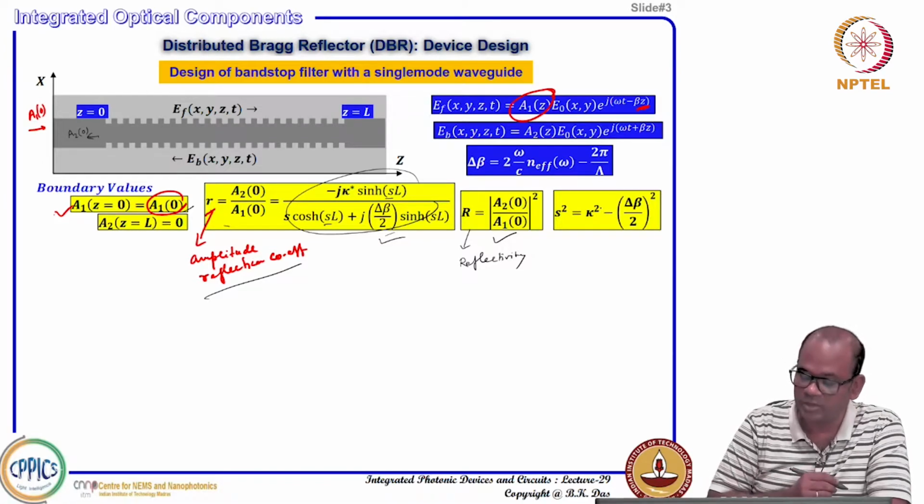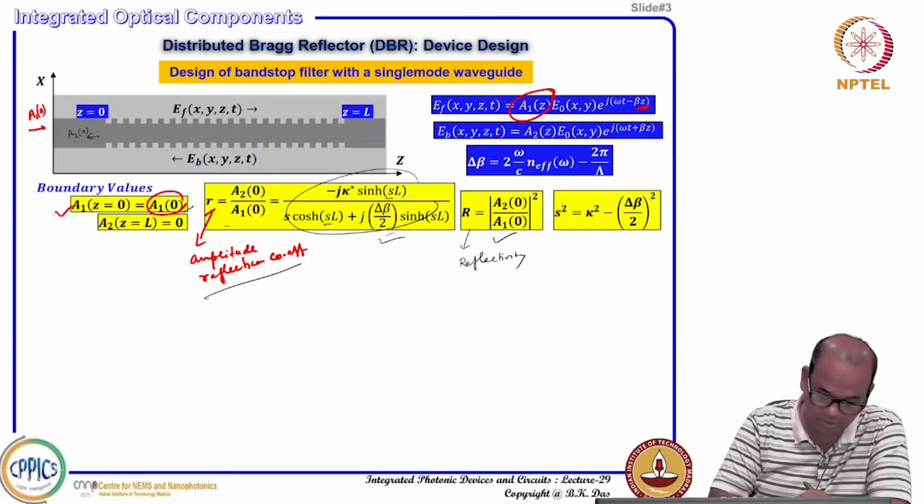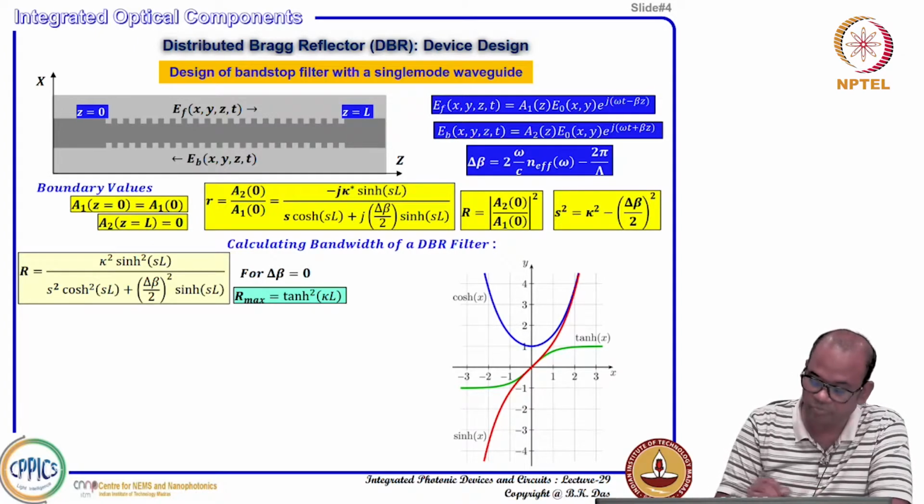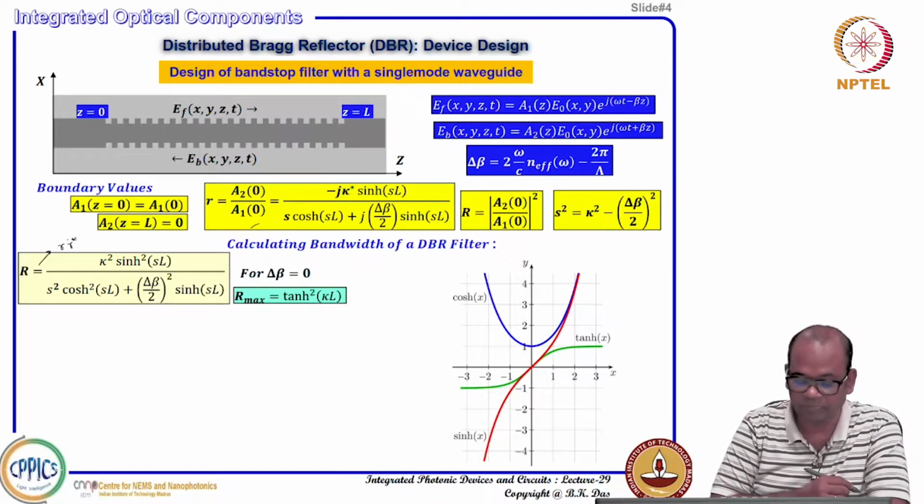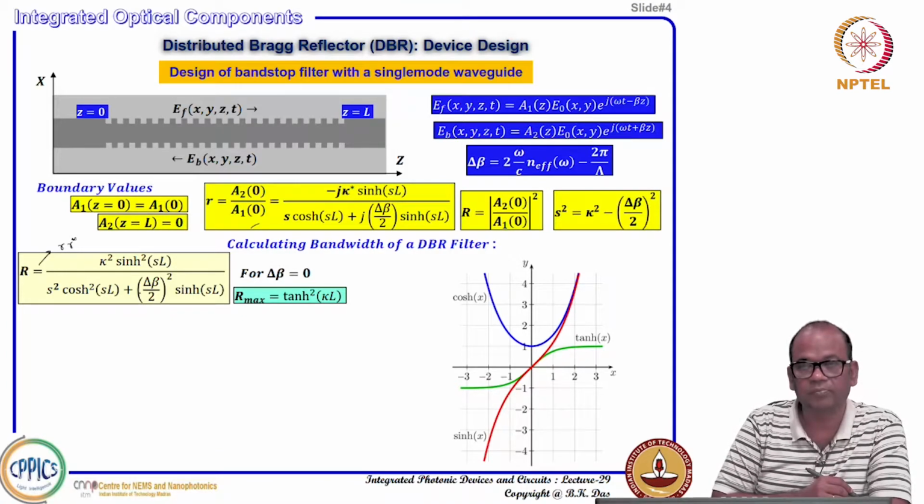How kappa can be estimated we have also discussed in the previous class. Analyzing this R, taking the complex conjugate R star gives the reflectivity, and you get this equation.